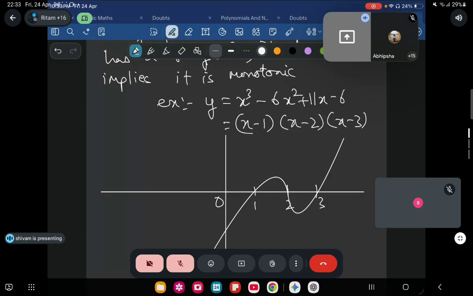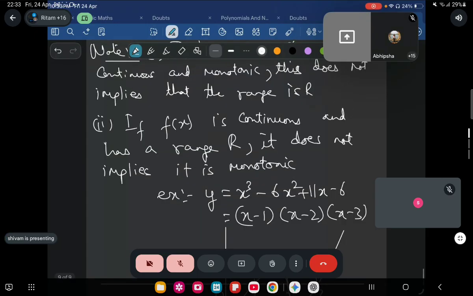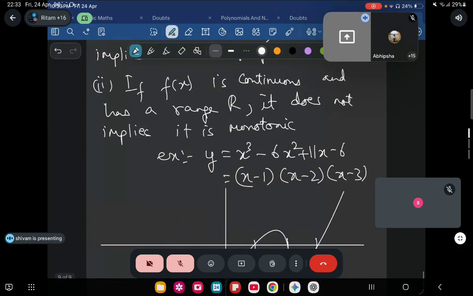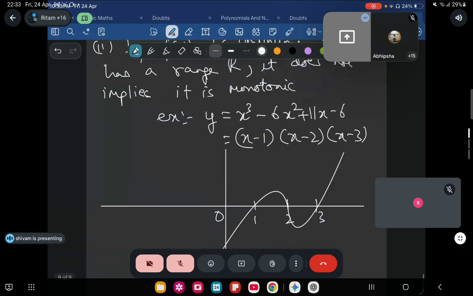So tell me, this function has a range R, but does it imply it is monotonic? Is the function completely increasing or completely decreasing in the real number set? No, sir. You'll always find a straight line which will cut it at two points.